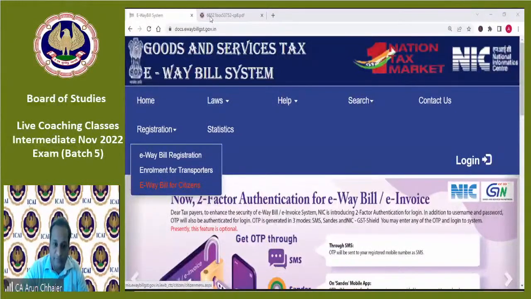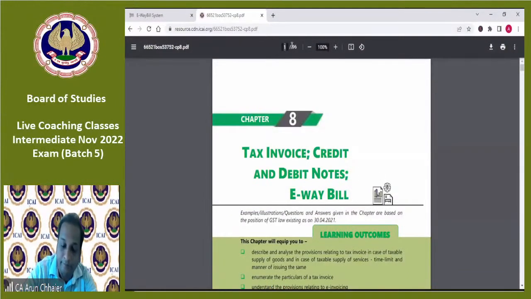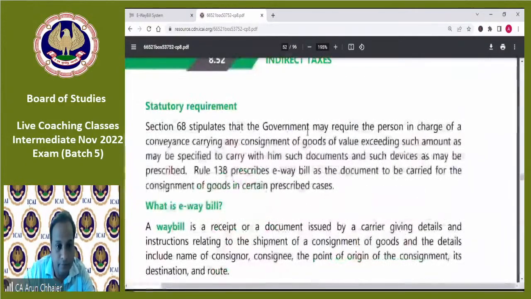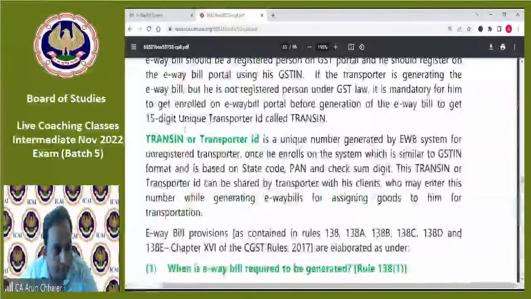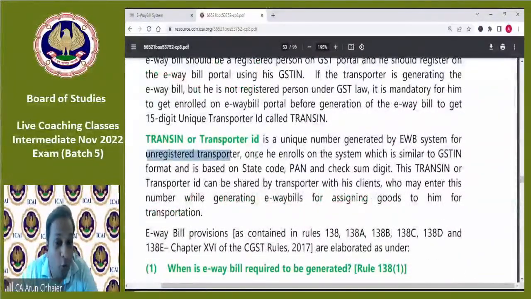Coming back to the provision. Once an unregistered transporter enrolls on the system, the ID, which is similar to the GST number and is based on state, PAN, checksum digit, etc., can be shared by the transporter with his client, who may enter this number while generating the e-way bill for assigning the goods for transportation.